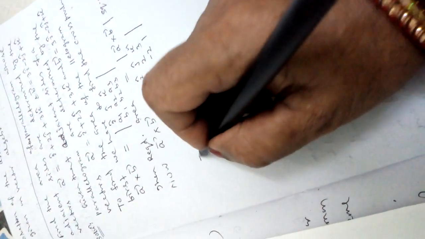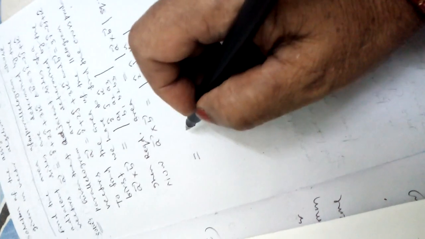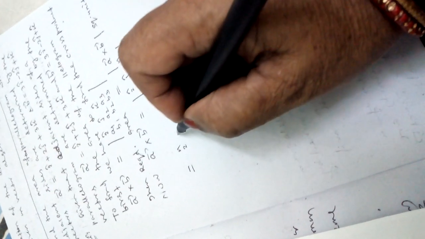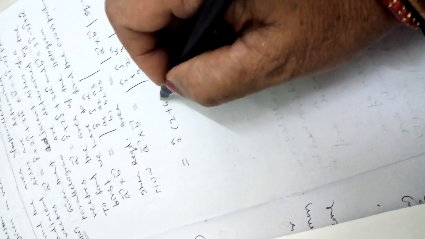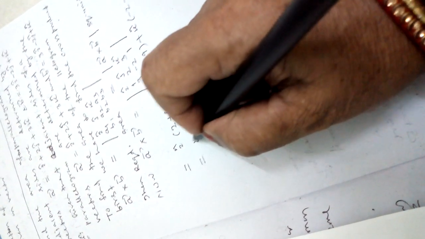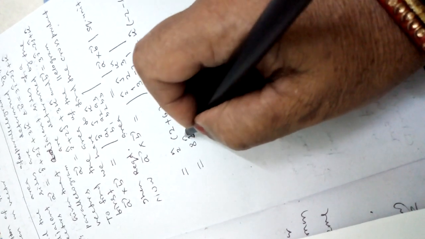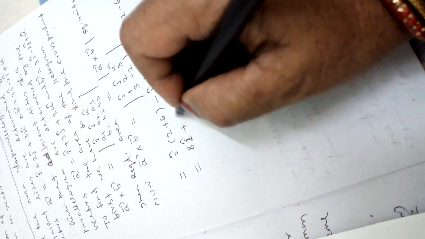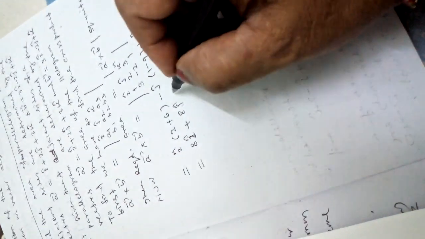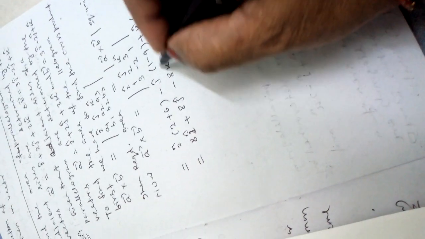So this is equal to, now evaluating this determinant, i cap (2 plus 6) minus j cap (1 minus 9) plus k cap (minus 2 minus 6), which is equal to 8i cap plus 8j cap minus 8k cap.